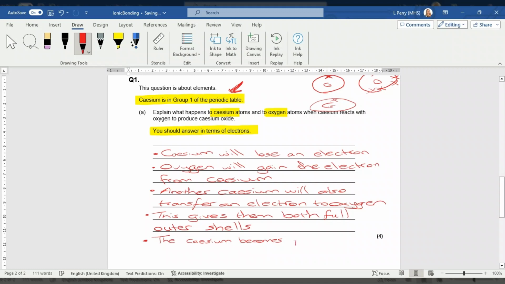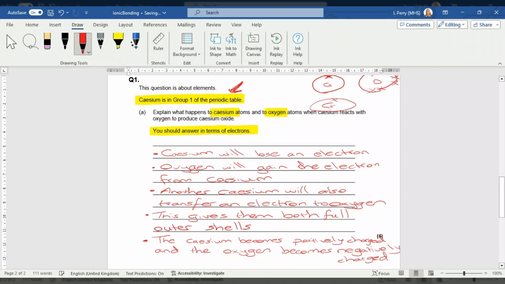So the cesium becomes positively charged. And the oxygen becomes negatively charged.